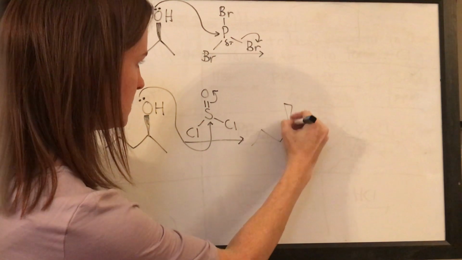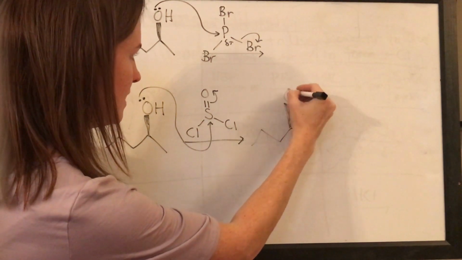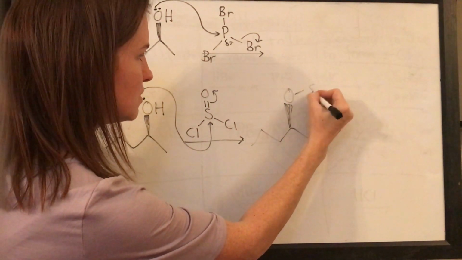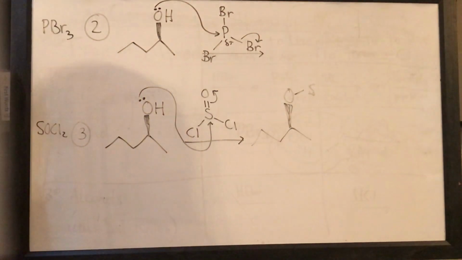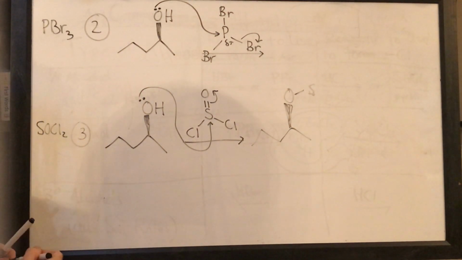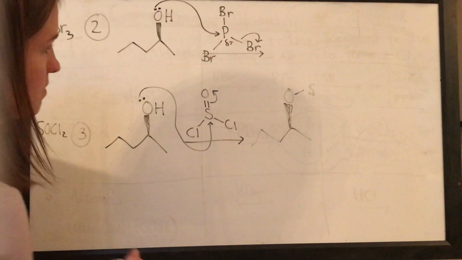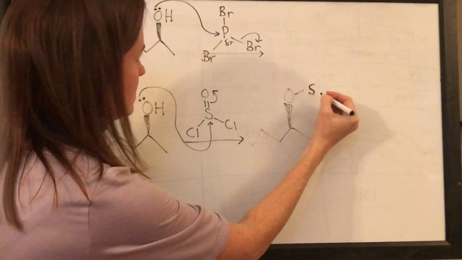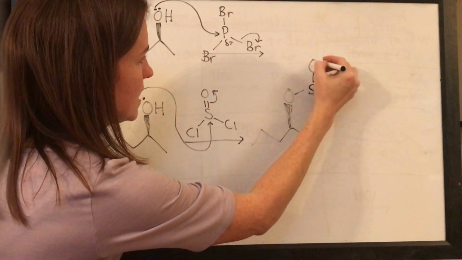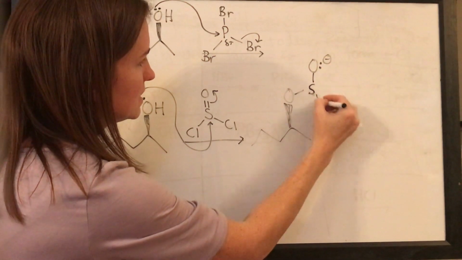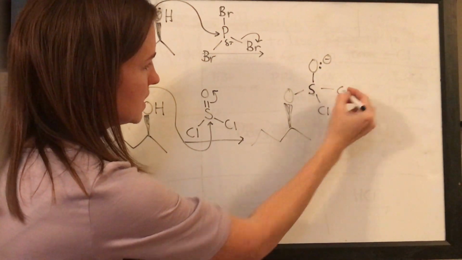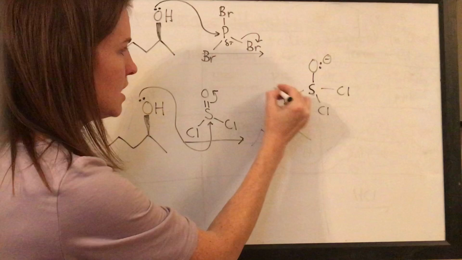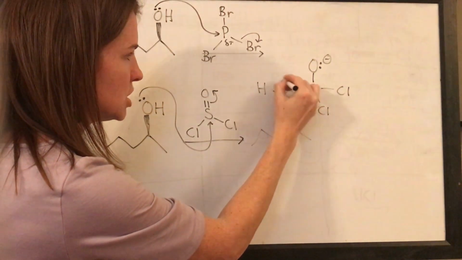Okay, so this results in an oxygen that is now bonded to a sulfur, that's attached to an O with a minus charge. And right now there's 2 chlorines on here. Here's my oxygen. The oxygen still has a hydrogen, so that has a plus charge.